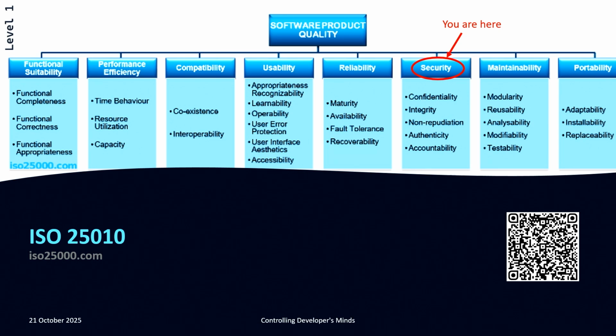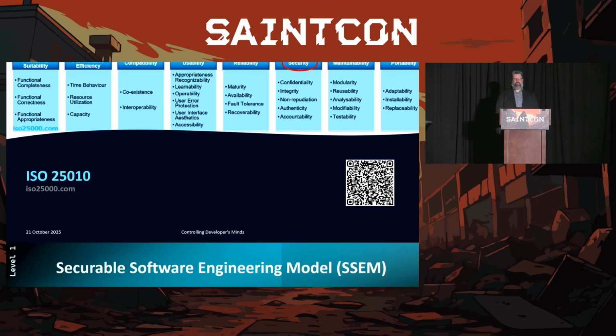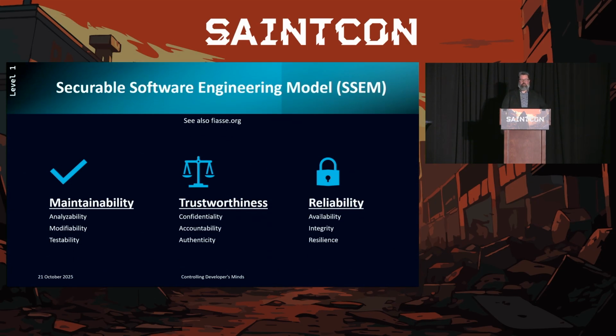Those are commonly used attributes of software. For completeness, this is what this framework is for, ISO 25010. But the problem with that is that while those attributes address security specifically, it's not all the attributes needed for securable software. So that's where the securable software engineering model comes into play, the SSEM.